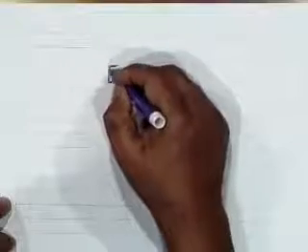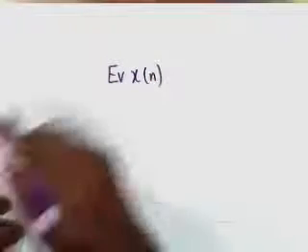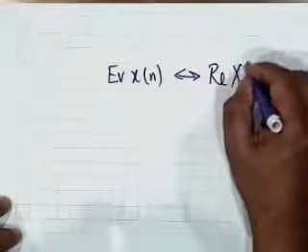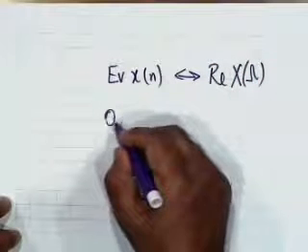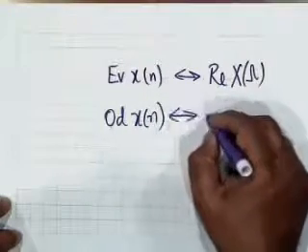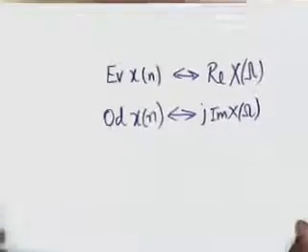And we showed that for an arbitrary real signal, the even part of x of n transforms into the real part of capital X of omega, and be careful now, the odd part of x of n transforms into j times the imaginary part of X of omega.